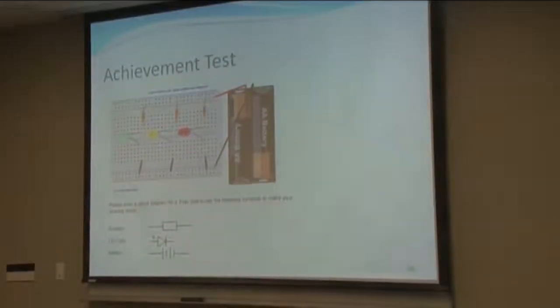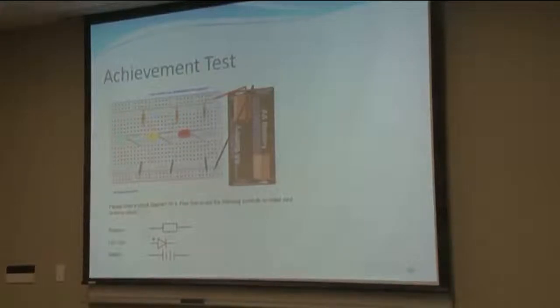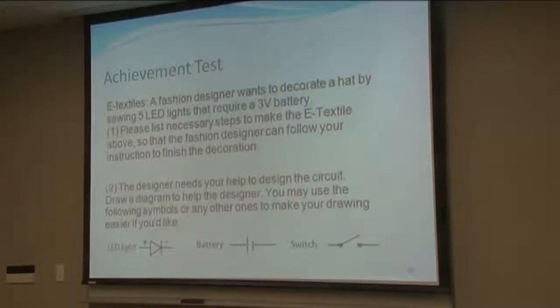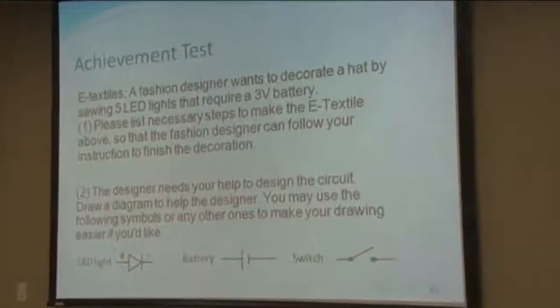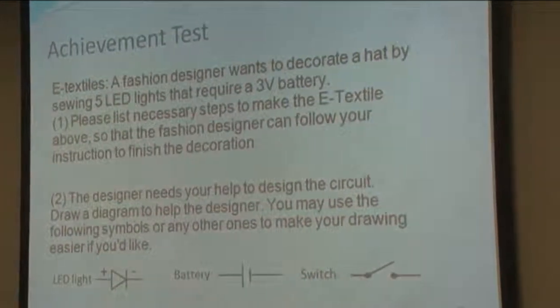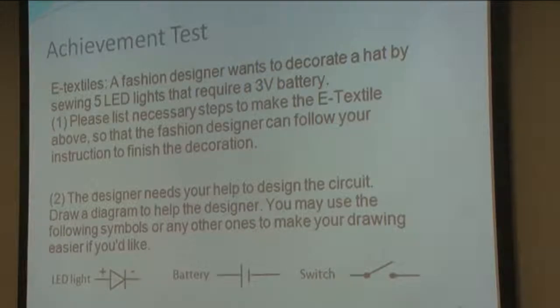In this one we ask students to draw the diagram for these circuits on the breadboard, so it's an abstraction skill, and we also ask the students to design and relate to the e-Excel. So those are close assessments. You can see they are related to the activities we just asked the students to do.